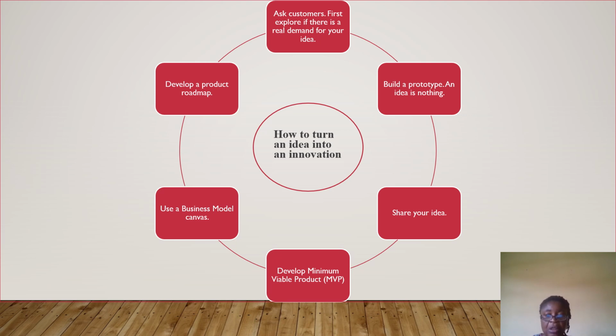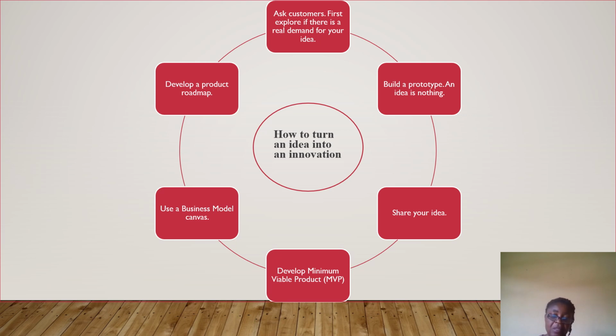Don't try to sell them anything at that point. Just investigate if there is a need for your idea. If you don't have customers, try a different approach. You could, for example, set up a Google ad campaign or use crowdfunding to check if there is demand for your products or services.